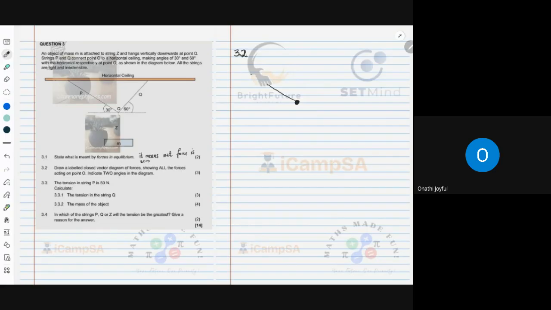Notice that we have vector P slightly longer than Q. That's P. We have Q somewhere here, slightly shorter than P. Okay, no, this is inaccurate, so let's just do them.